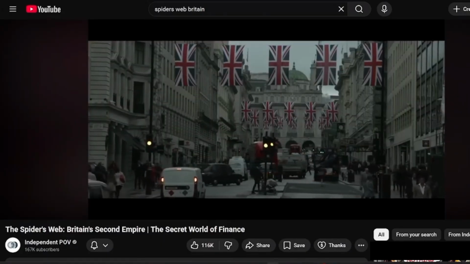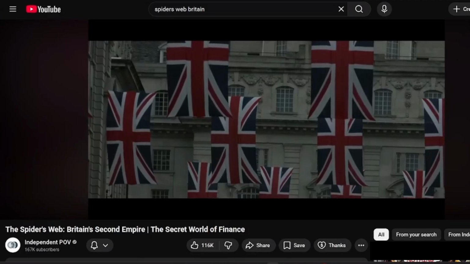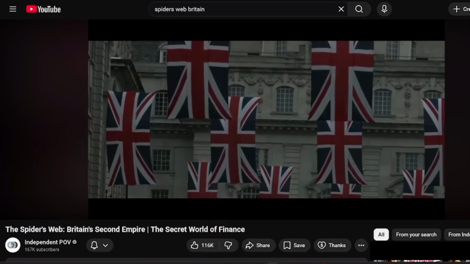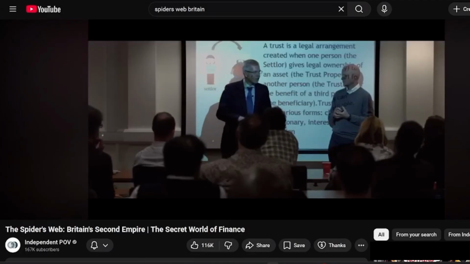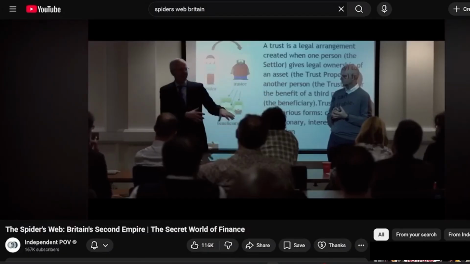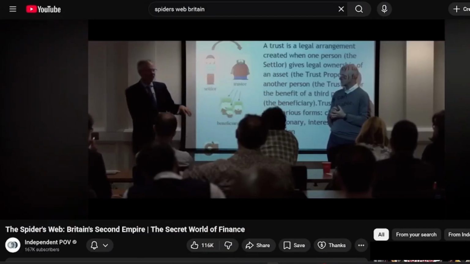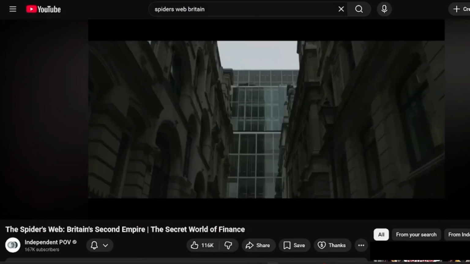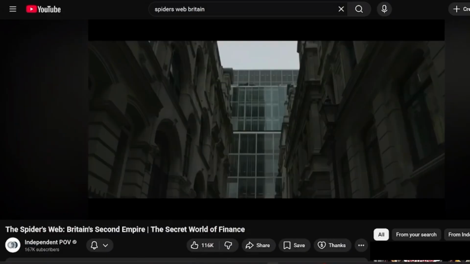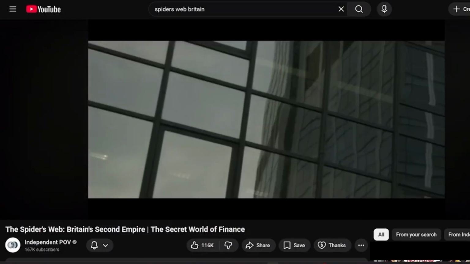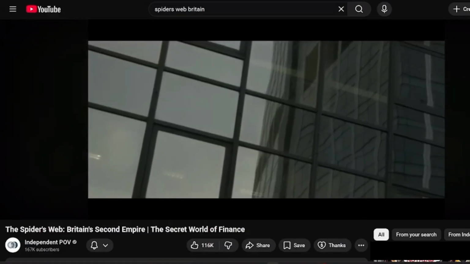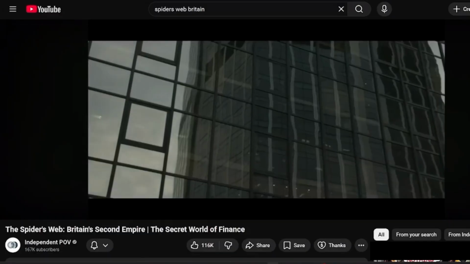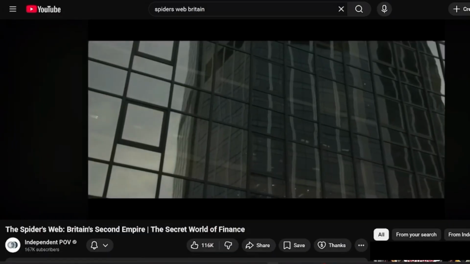The trust lies at the core of the British secrecy model. They don't use banking secrecy. The Swiss use banking secrecy. The British, of course, are only too willing to kill off banking secrecy because they will then capture a larger market share. That's why the Brits are doing this. Trusts are the basic building block of Anglo-Saxon secrecy, and they form the basis from which complex offshore structures are created.